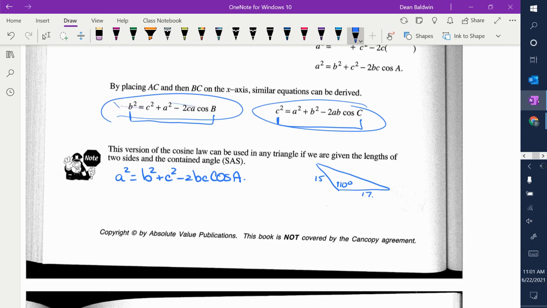So then you don't have to worry about using those two formulas. It's just one formula you have to use. So in this case, that would be A. That's little a. And then what you label B and C is irrelevant. And that would be C. Okay? Just make your unknown A.